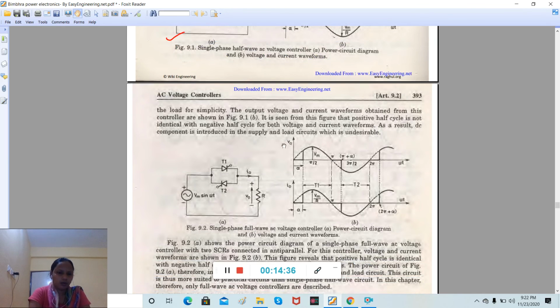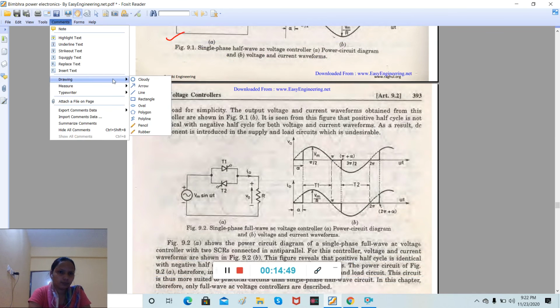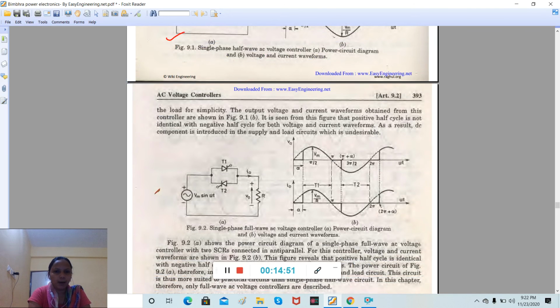Next we study the full wave AC voltage controller. In the single phase full wave AC voltage controller, this is the power circuit diagram, and these are the output voltage and output current waveforms.